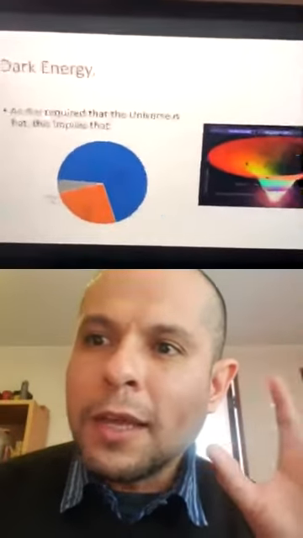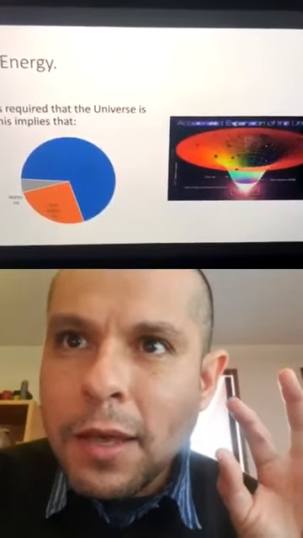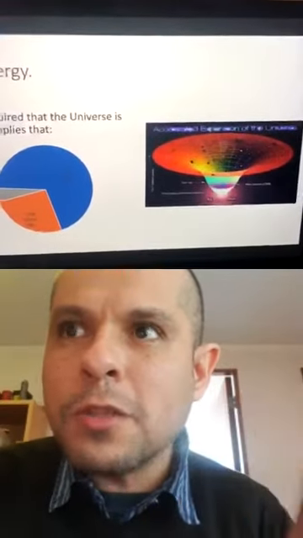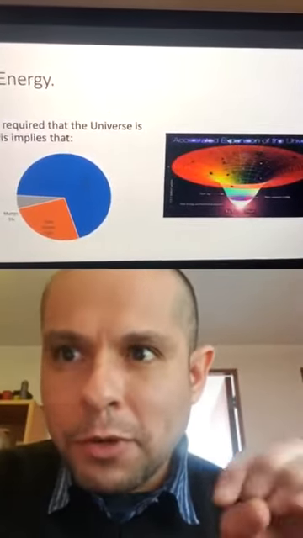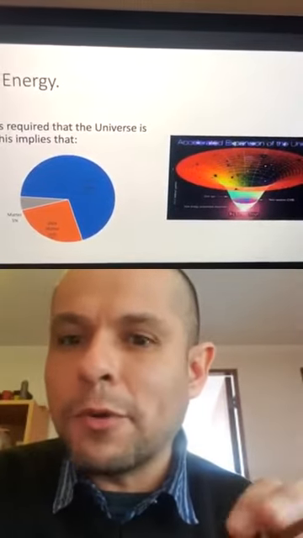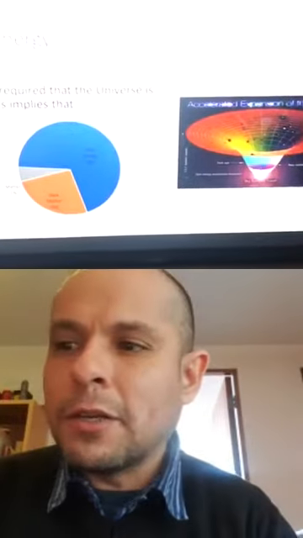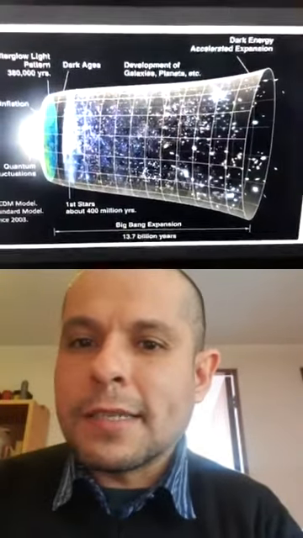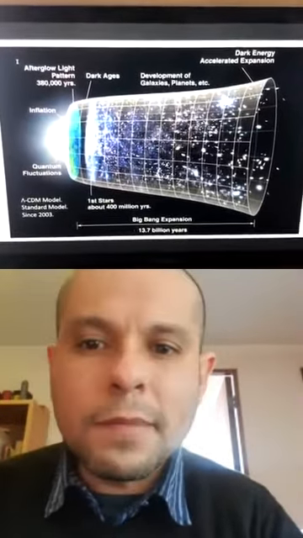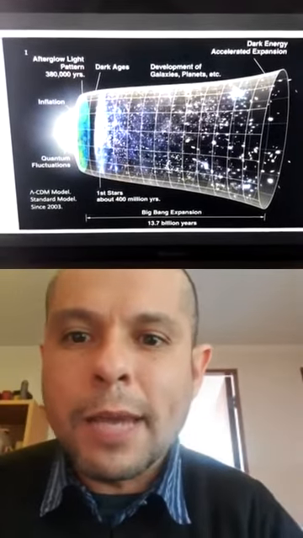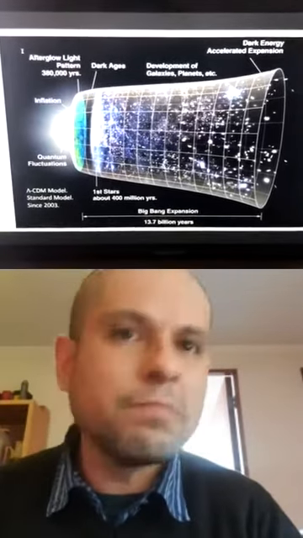So that is the bound of our actual comprehension of the universe, what we call the standard model. You can show it in the next slide, Nico. It is called, by a fancy name, the lambda CDM model or standard model.